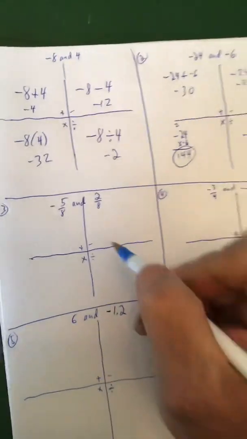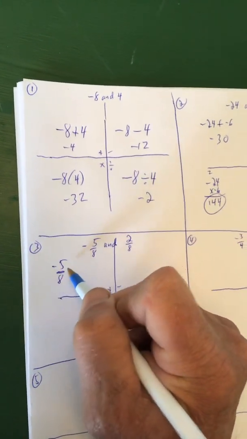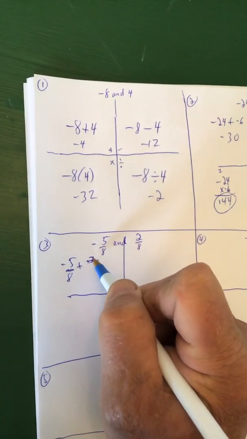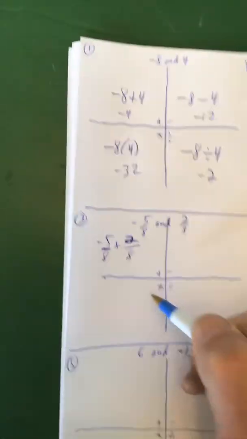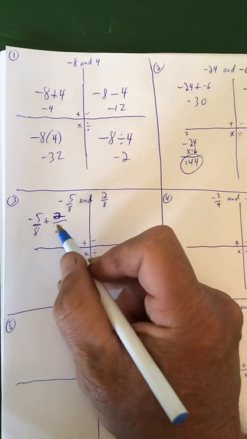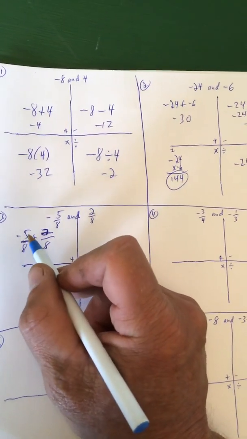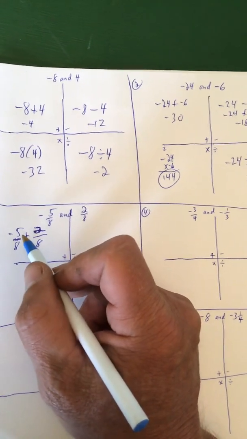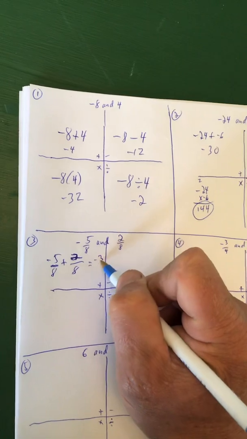Number 3, -5/8 plus just 2/8, sorry. Well, you have common denominators already, so if I go 5 to the left and then 2 to the right on a number line, I end up at -3, so this is just going to be -3/8.